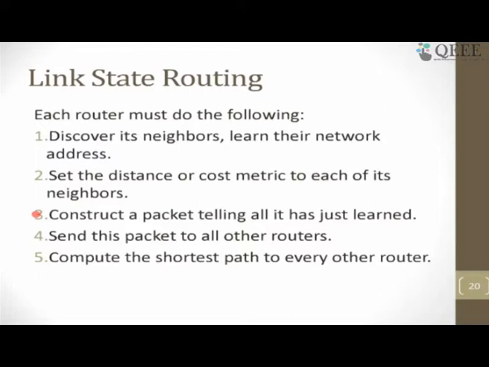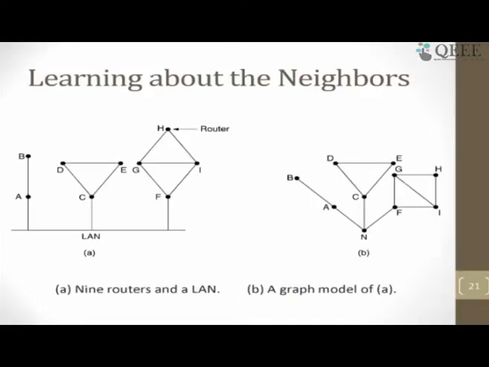Okay. So, you send this packet, then every router will generate the graph and then build up the shortest path algorithm. So, these are the 5 steps which are taken. So, let us go again step by step. So, learning about the neighbors.